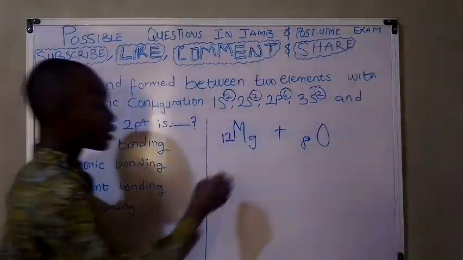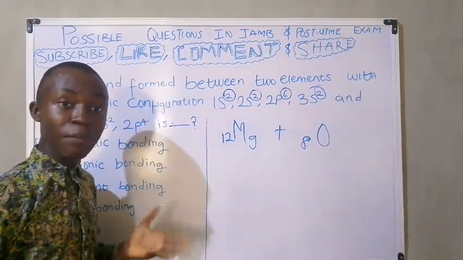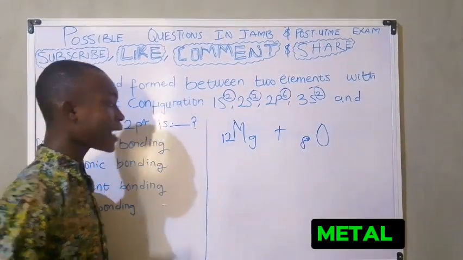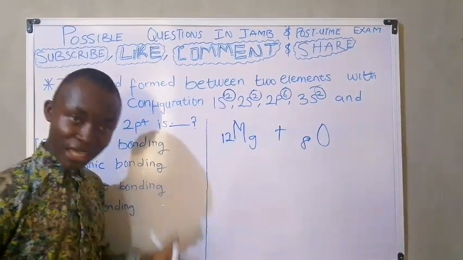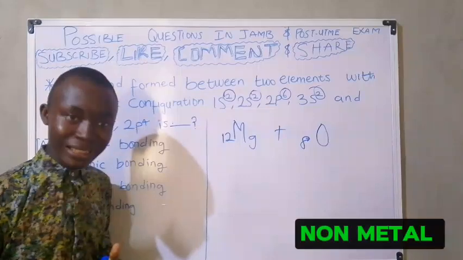Now it should be noted here that magnesium is a metal, while oxygen is a non-metal.